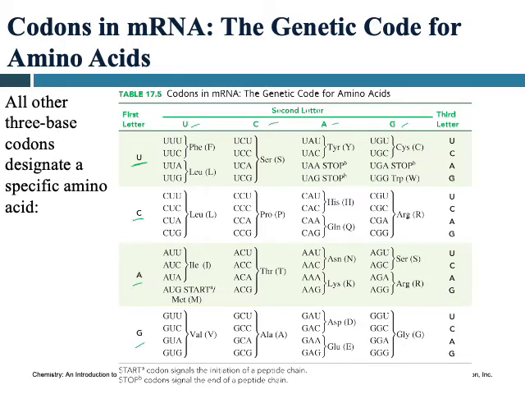If I have UUU, 3 bases together, that codes for phenylalanine, one of the amino acids. If you have UUC, again it codes for phenylalanine. If you have CAU in your mRNA, cytosine, adenine, uracil, then it codes for histidine. So you can check for each of the 20 amino acids, and you will see a specific codon assigned to it, meaning a sequence of 3 bases together, right?